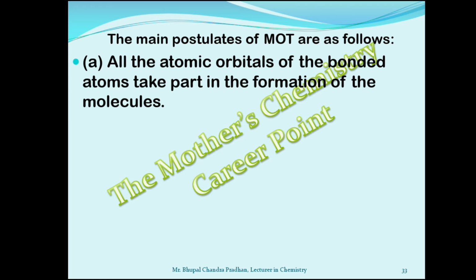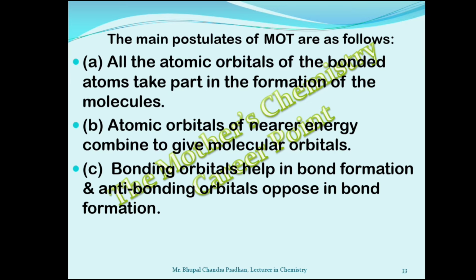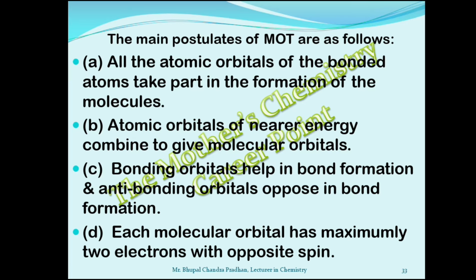All the atomic orbitals of the bonded atoms take part in the formation of the molecule. Not only the valence electrons, but all the electrons present in the atom take part in bonding. Atomic orbitals of nearer energy combine to give molecular orbitals. Bonding orbitals help in bond formation and antibonding orbitals oppose the bond formation.